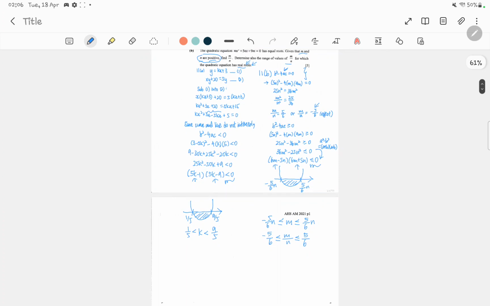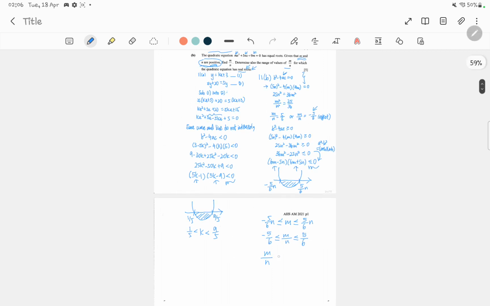And note that we know that m and n are positive. So we can say that m over n, because m and n are both positive, a positive divided by a positive, has to be strictly more than 0.